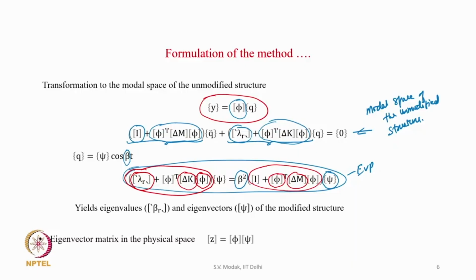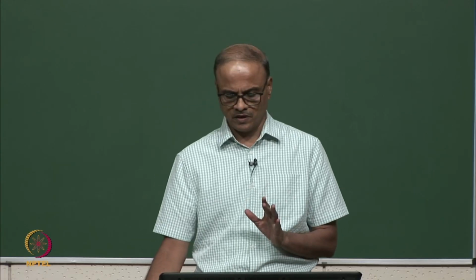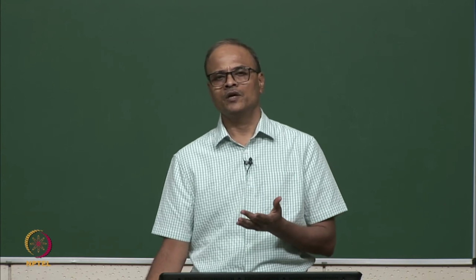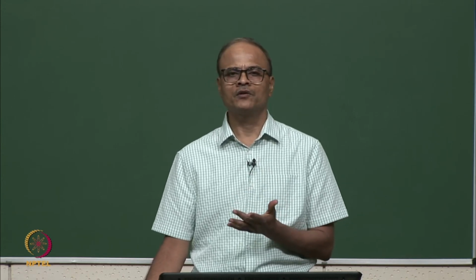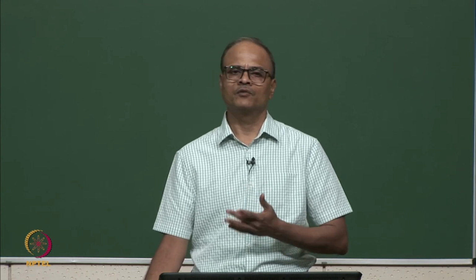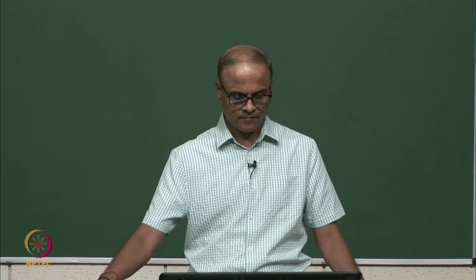So, the eigenvector matrix in physical space would be matrix Z, and that is nothing but equal to matrix phi into matrix psi. So, this is the formulation of the method, and we see that by solving the eigenvalue problem using the model of the unmodified structure and the delta m and delta k matrices for the structural modification, the eigenvalues and eigenvectors of the modified structure can be obtained.